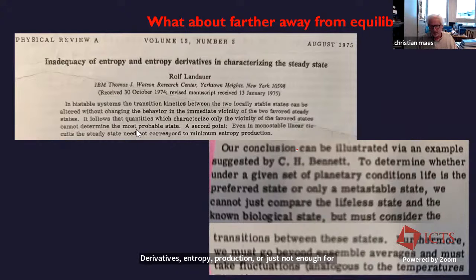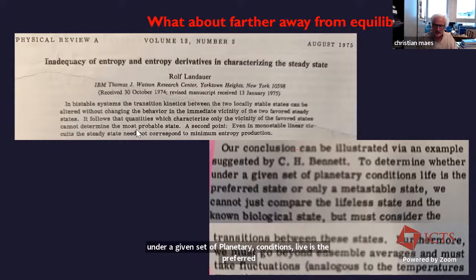The copy is not very well done, but at the end of the paper he illustrates that with a conversation he had with Charlie Bennett about how to determine whether under a given set of planetary conditions, life is the preferred state or only a metastable state. How do you do that?